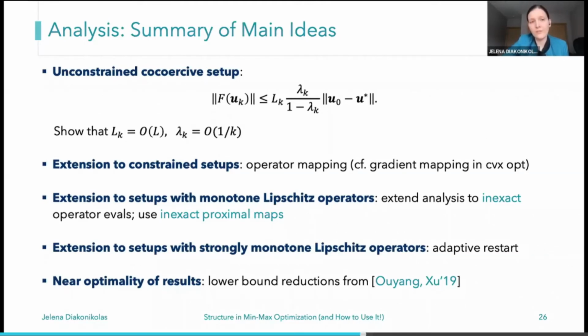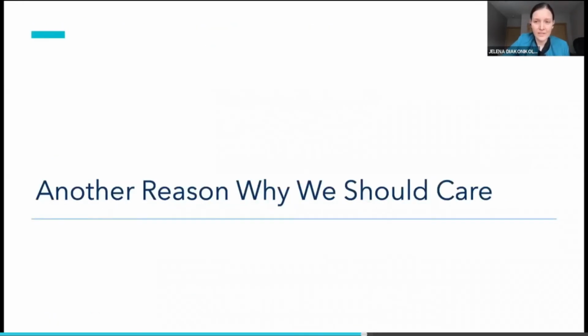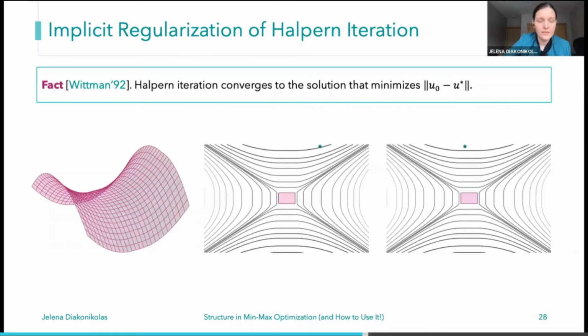Now, if I haven't really convinced you from the complexity standpoint why we should care, there is another reason I really like this Halpern iteration. And it's a very well-known result about it that says that if your optimal solution was not unique, you're going to converge to the solution that is closest to your initial point.